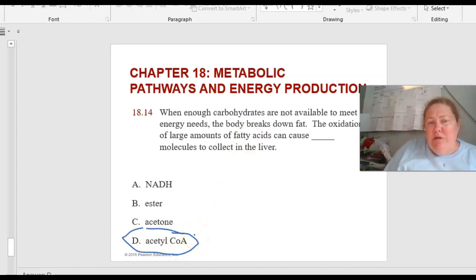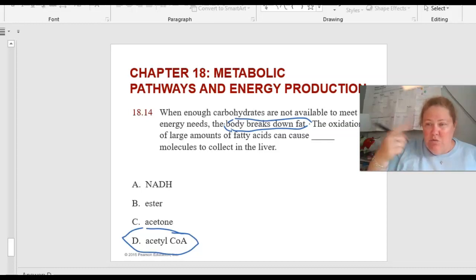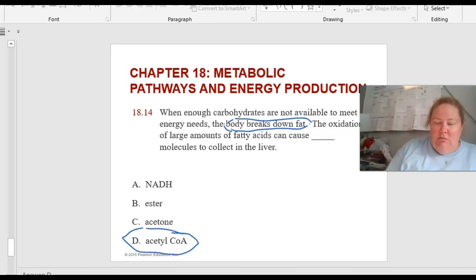I guess the point of this one is try not to overthink the question. Know that you're talking about breaking down fats. We talked about that cycle. That's called beta oxidation, and your end product of beta oxidation is acetyl-CoA. So again, don't overthink questions sometimes, because sometimes they are as straightforward as they seem.